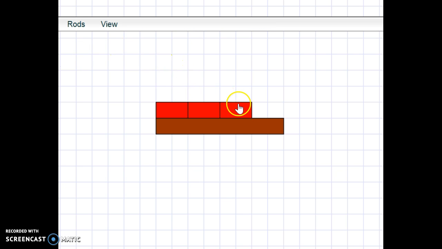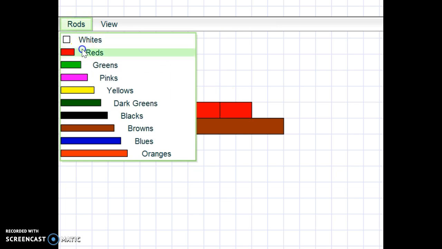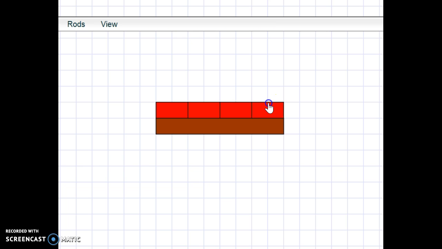Because if it is, 4 copies of 1/4 would give us a whole. And certainly 4 copies of 1/4 gives us the whole unit of the brown rod. So yes, it represents 1/4.